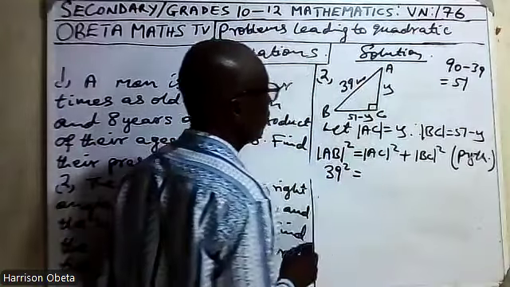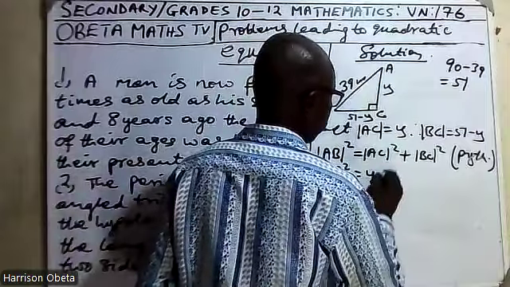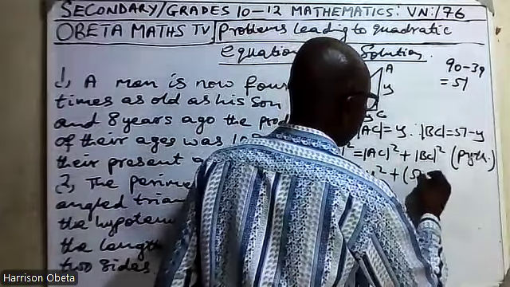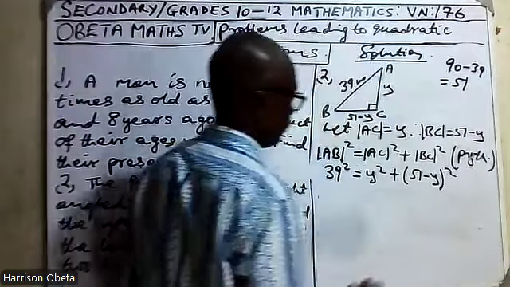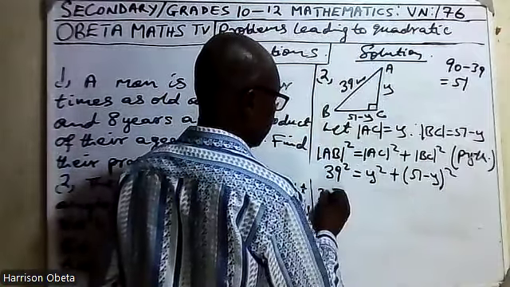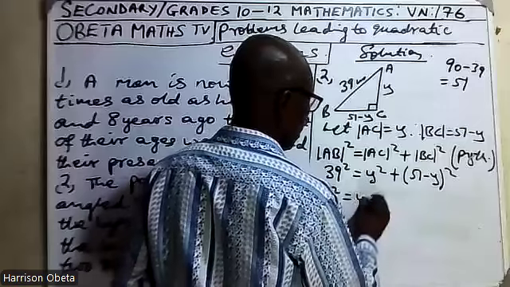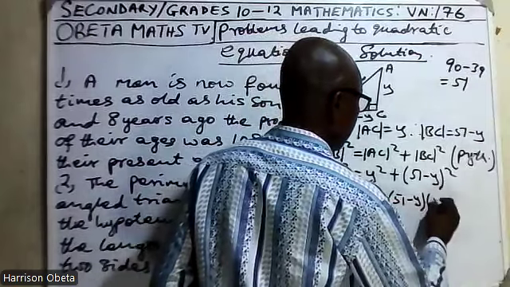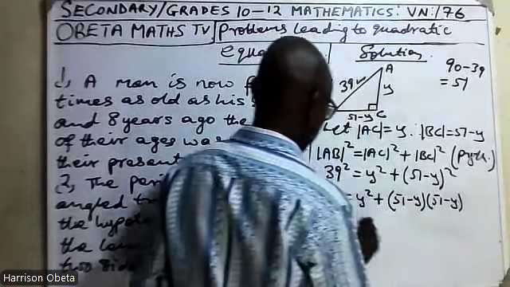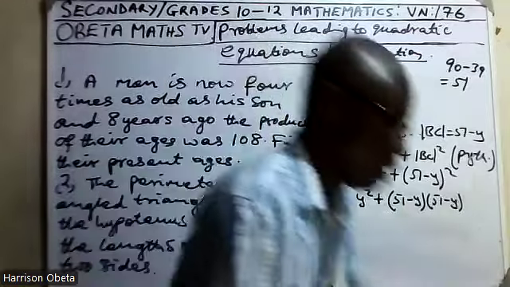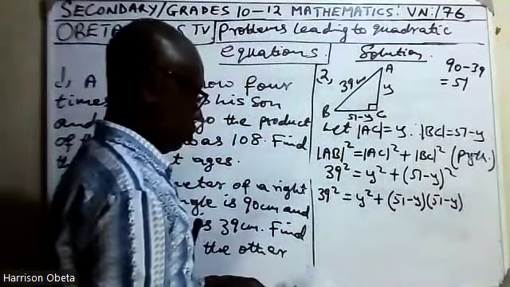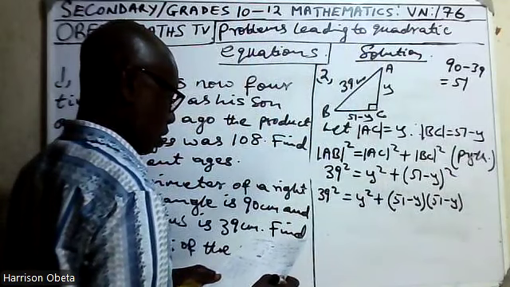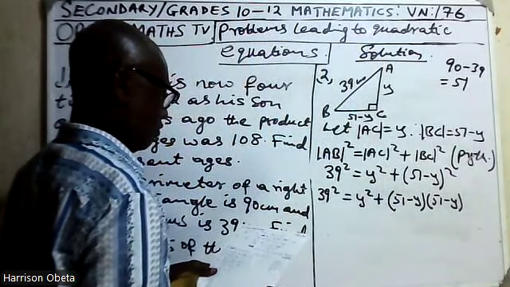So 39 squared is equal to AC, which is y, squared, plus BC, which is 51 minus y, all squared. So 39 squared is equal to y squared plus, you expand, 51 minus y, 51 minus y. We now check our calculator to help us. 39 squared is 1,521.